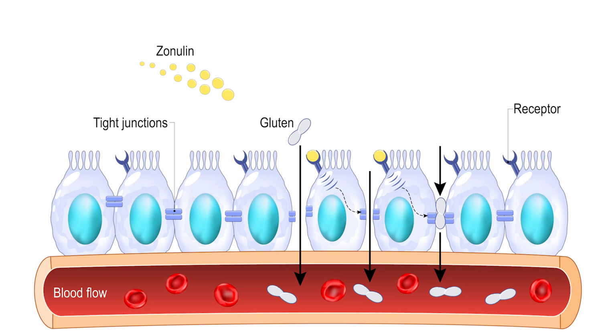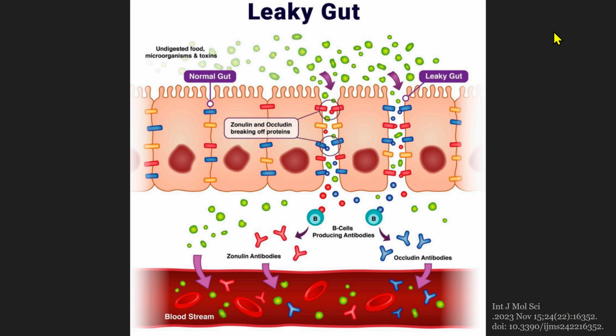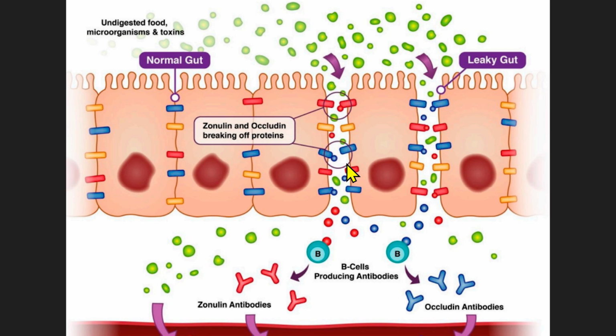Zonulin is a protein found in the lining of the gut, and that's what you're seeing in this visual here. It's essentially the little piece of glue, if you will, that prevents your intestinal cells or your enterocytes from having gaps in between them. And these gaps can allow a number of things to leak through. Food particles. So this in part accounts for why some people say, oh, I was feeling okay.